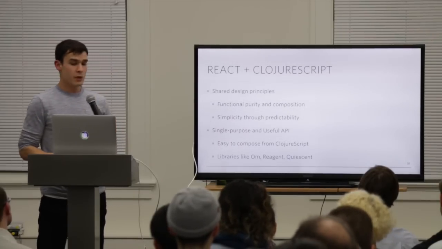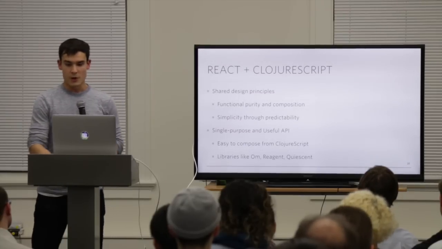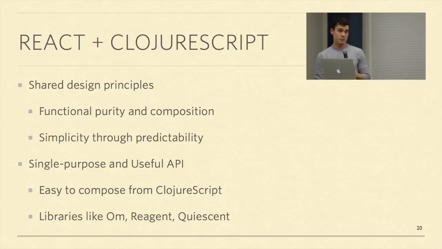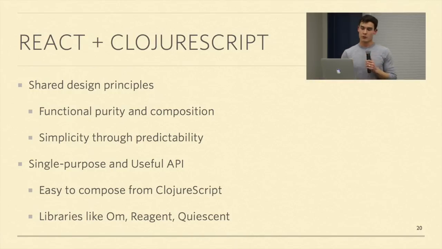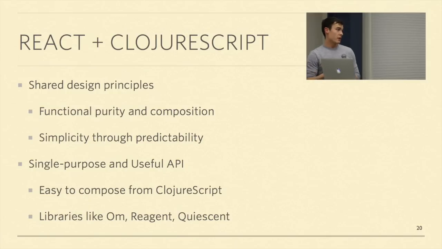So specifically, what makes React a good match for ClojureScript? ClojureScript's been around for a while, much longer than React itself, at least publicly. And it seemed to kind of shoot off when we saw React come out. And there's some reasons for this. It's because there's some shared design principles. React and ClojureScript have an importance on functional purity and an importance on composition.